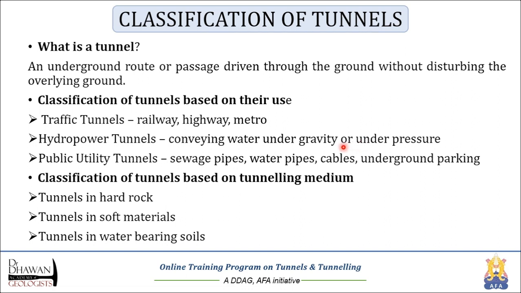Sewage tunnels, water pipes, cable tunnels, and underground parkings are clubbed as public utility tunnels. Tunnels can also be classified based on the tunneling media through which it is excavated. Based on this, we can group tunnels into three categories: tunnels in hard rock, tunnels in soft materials, and tunnels in water-bearing soils.